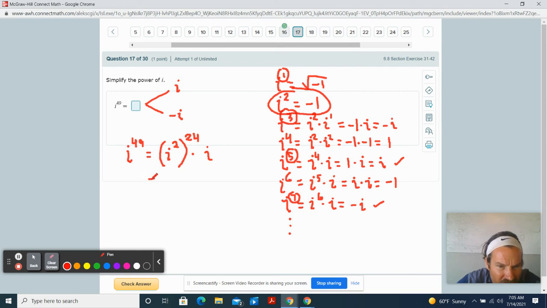So this is now able to be simplified further, because what do I know I squared is? Well, I circled it up here. I squared is equal to -1. So this is -1 to the 24th power times I. -1 raised to an even power is always positive.